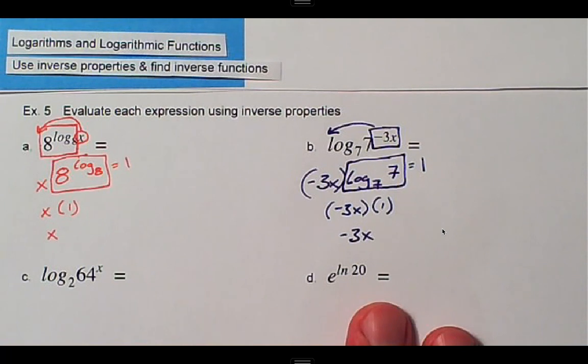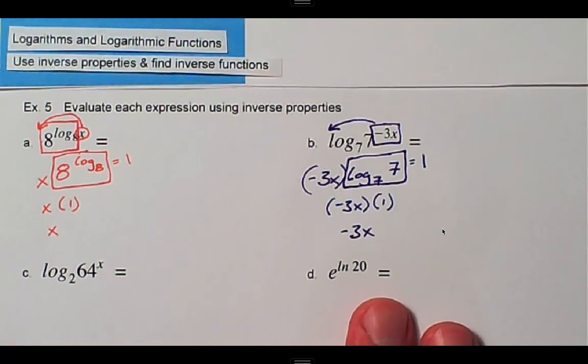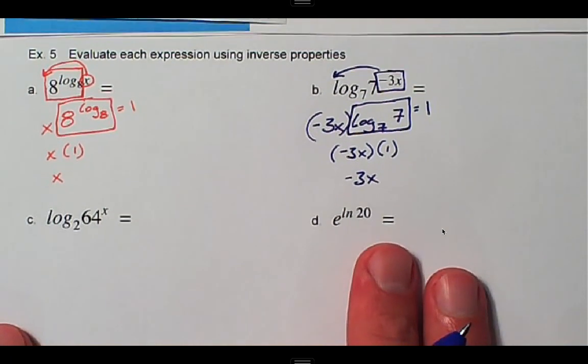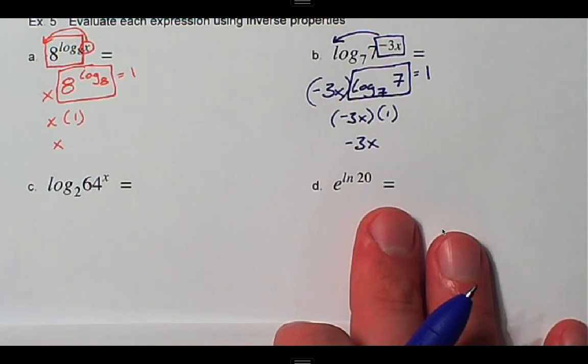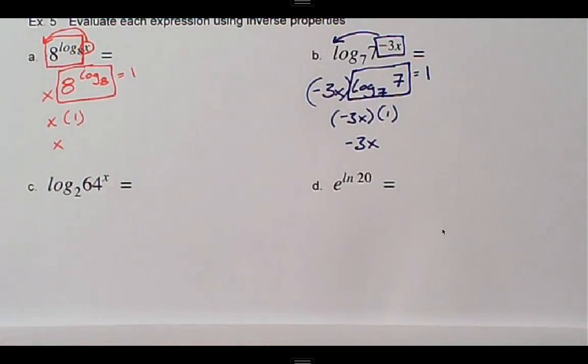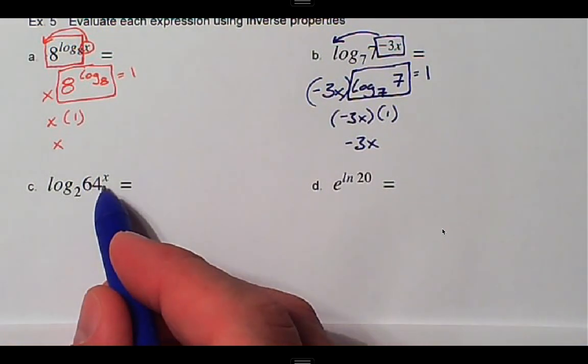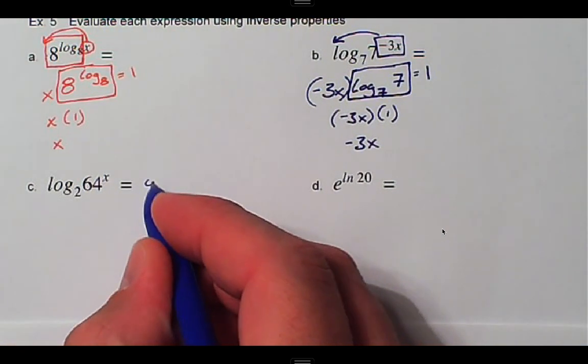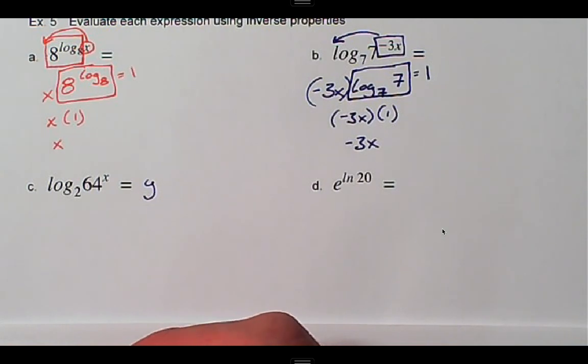Now, if you look at example C, that one is going to be a little bit different. We're going to have to use common bases to solve this one. So we already have our x variable, so we're going to add a y variable here.